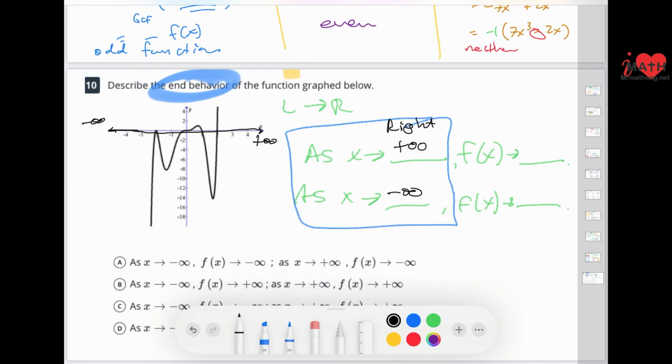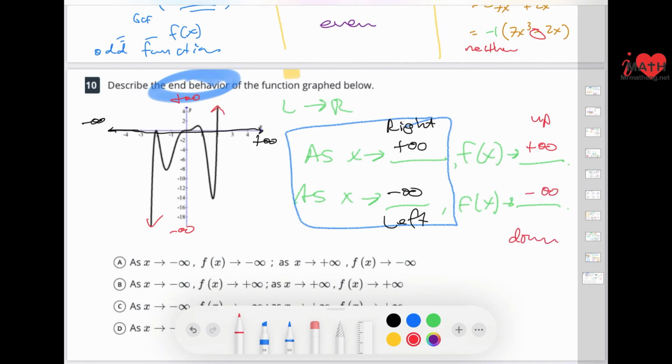So let's do this with words. As I go towards the right, the graph finishes up. Up is positive infinity. As x goes towards the left, where does the graph finish? It finishes what? Down. Down is negative infinity.